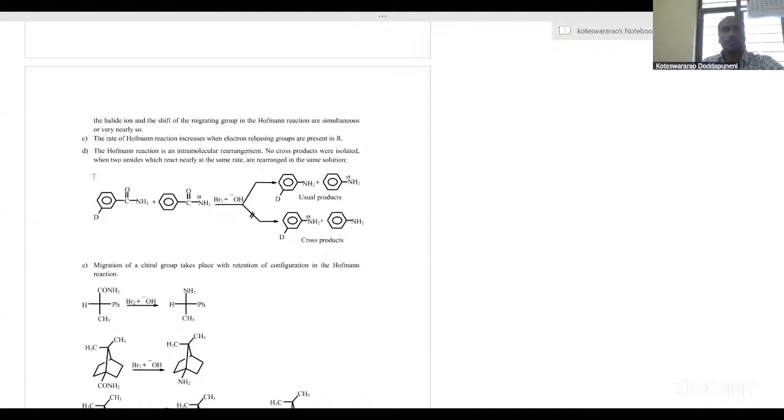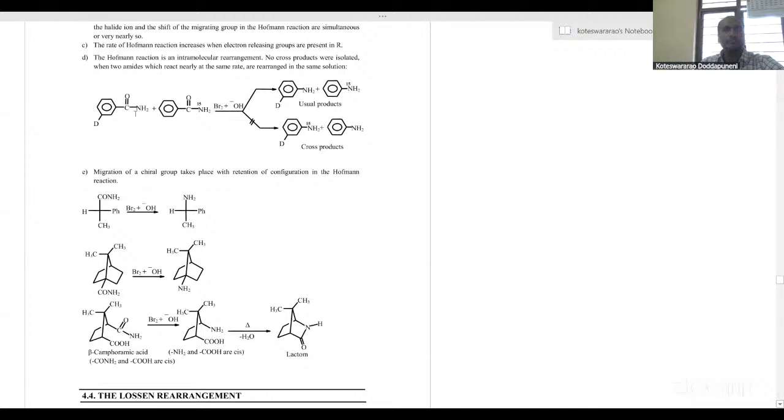Whenever we conduct the Hoffmann rearrangement between two different substrates, it will not give four different amines. It will give only two different amines. That indicates that the rearrangement involved in the Hoffmann reaction is intramolecular, not intermolecular.